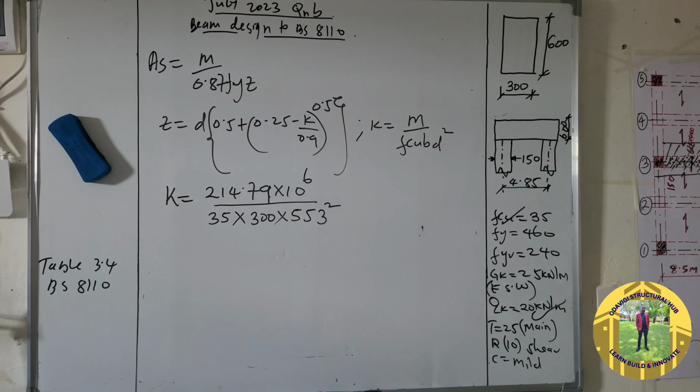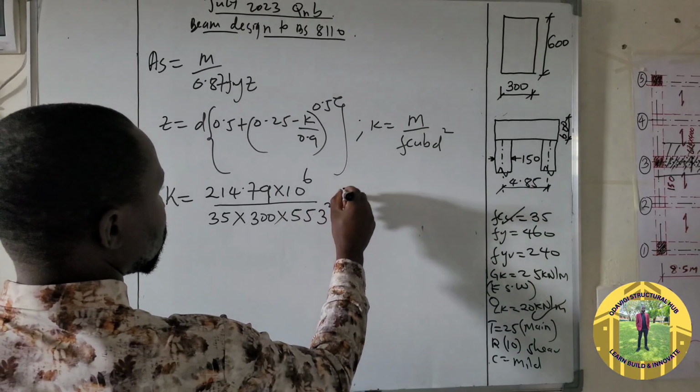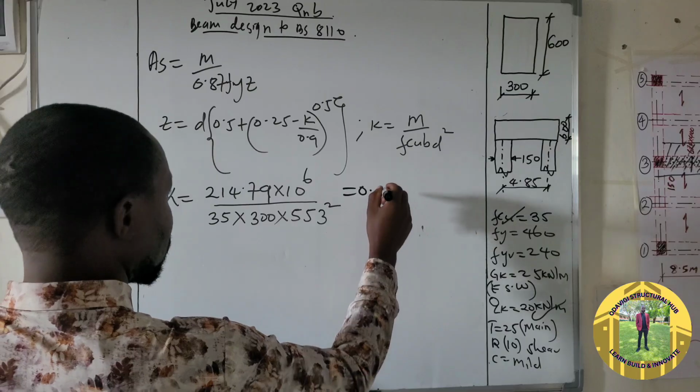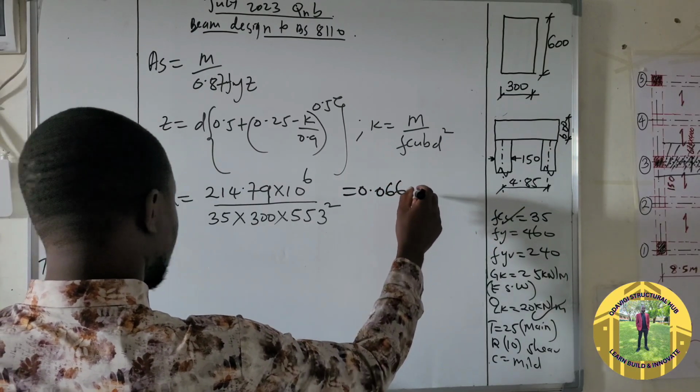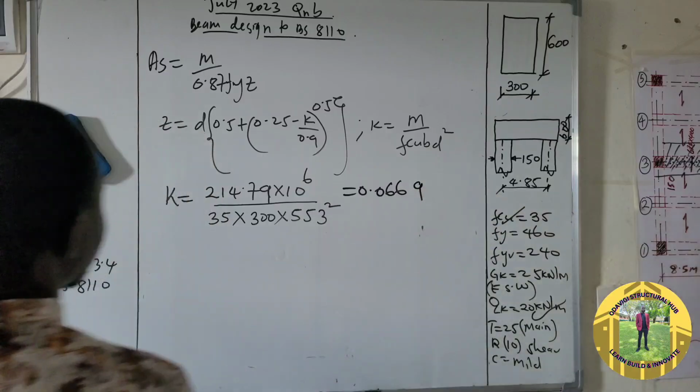So K is equal to 0.0669. This is the value of K.